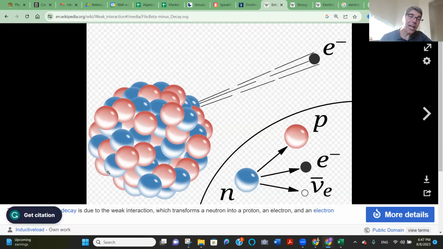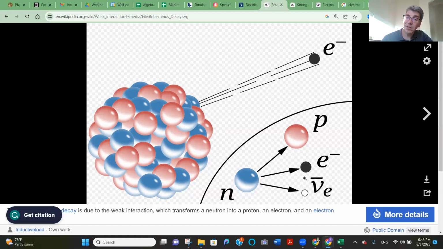So you have here the nucleus of a heavy element, okay? And when the nucleus becomes very large, sometimes the weak nuclear force changes a neutron into a proton, okay? And when that happens, the neutron actually emits an electron and an anti-electron neutrino.